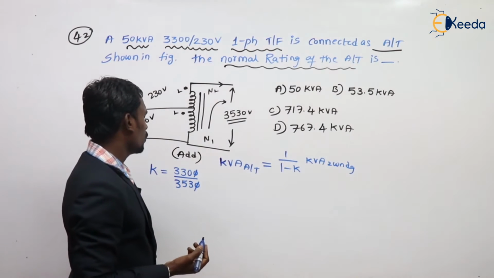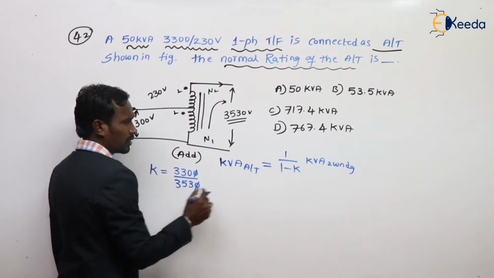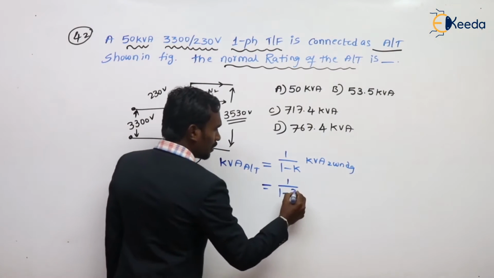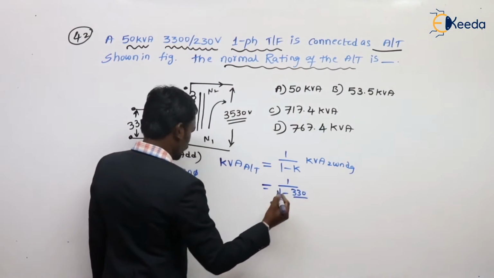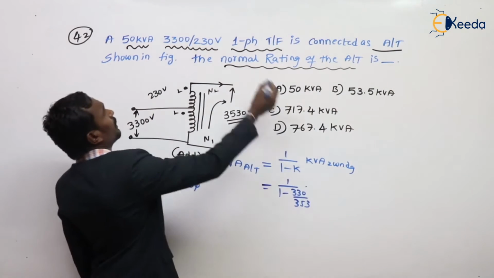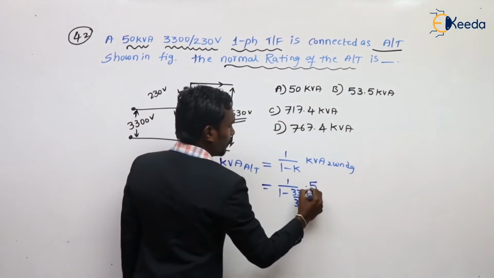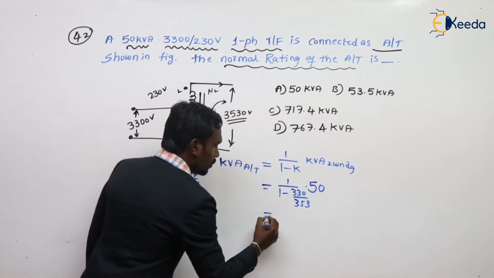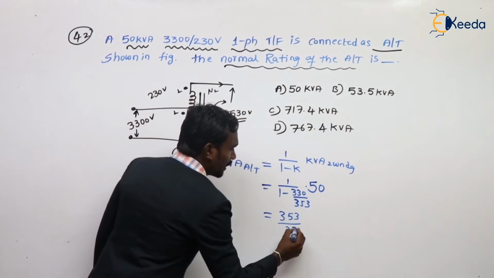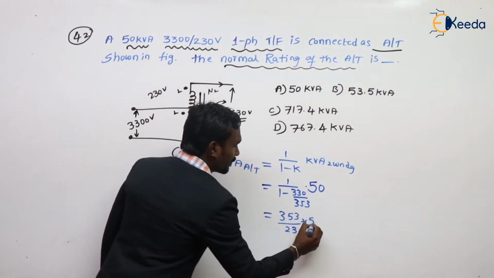Now let's take the K value as this much. Substitute here: 1 by 1 minus 330 by 353, into the kVA rating of the two winding transformer, 50. So 353 out of 23 of 50.